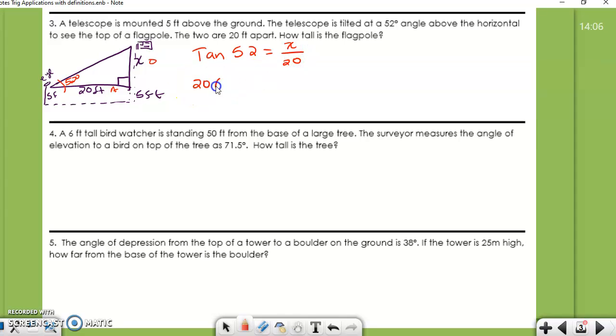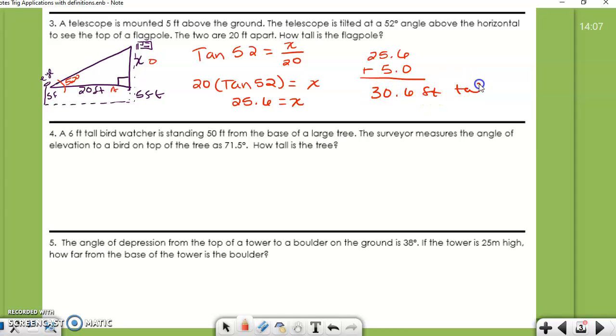Multiply both sides by 20. 20 times tan 52 is 25.6. But in order to get the flagpole, I have to take the 25.6 plus the 5 feet that it's above the ground, and then my flagpole is 30.6 feet tall.